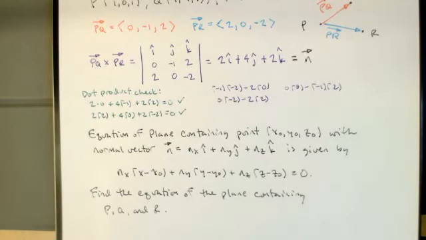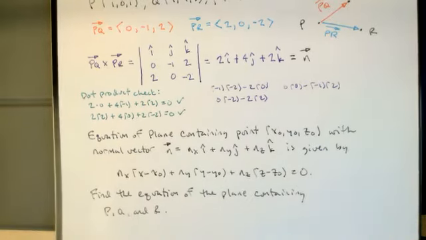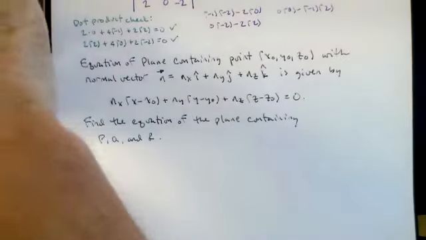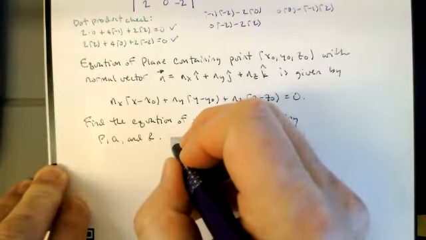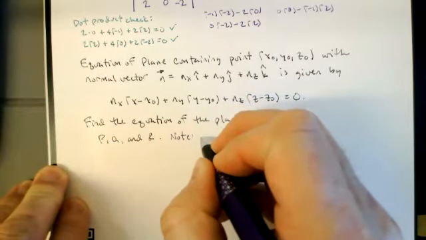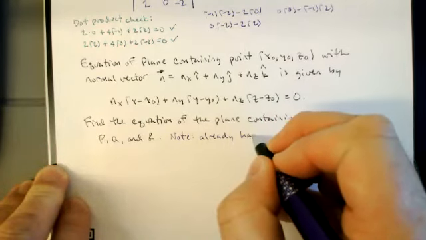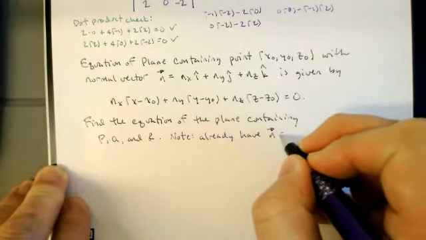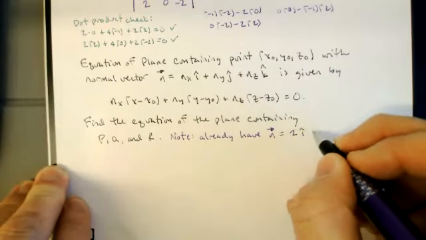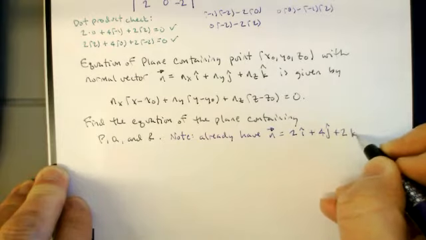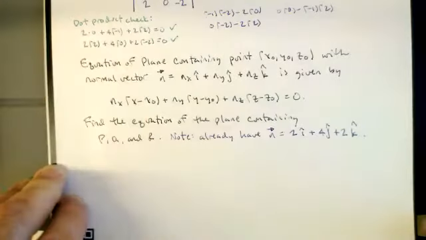We could use any one of the points P, Q, and R. So note we already have the normal vector.